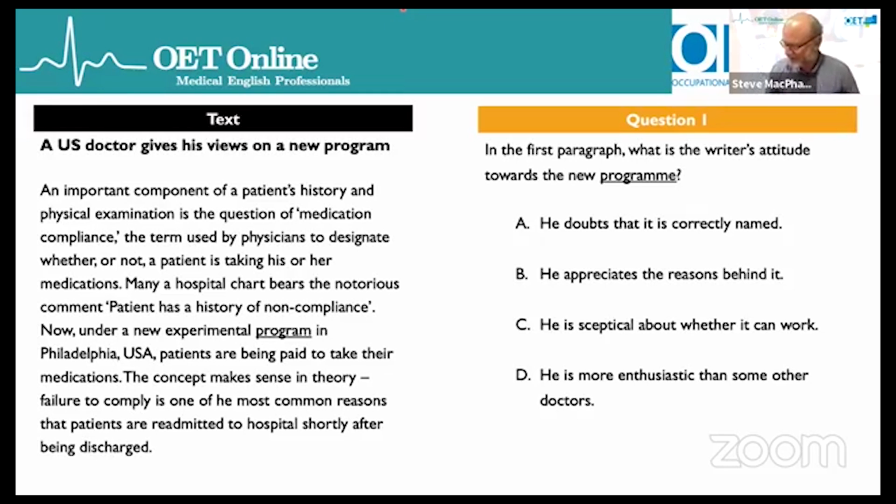So from what I can see, 71% of you chose, no one chose A, which is good because the answer isn't A. He doubts it's correctly named, but actually there was no name given in this text, so it's not A. So well done, no one chose A.